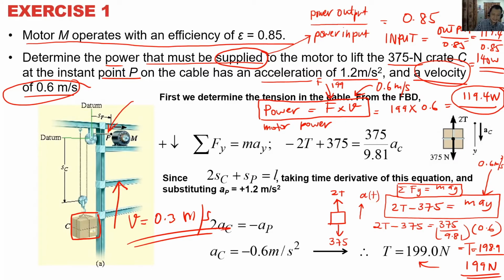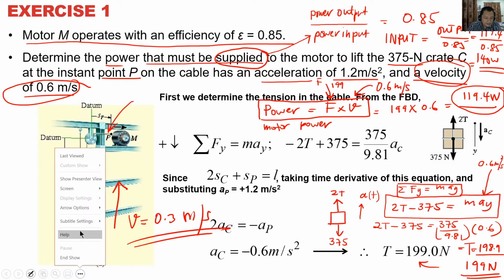Alright, so let's get some facts straight. Maybe you don't understand, so let's open up a new screen. Okay, let's remember first: tension is 199, acceleration is 1.2 there, velocity there is 0.6.